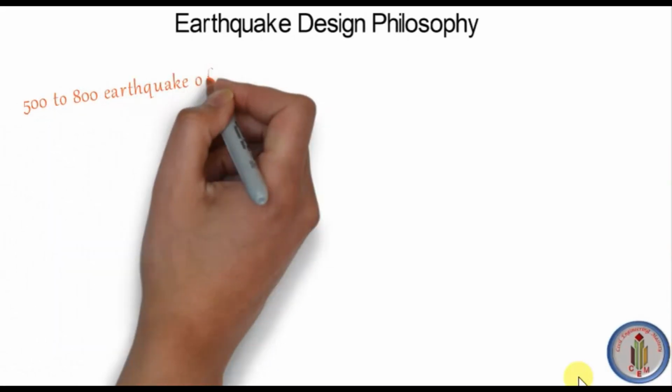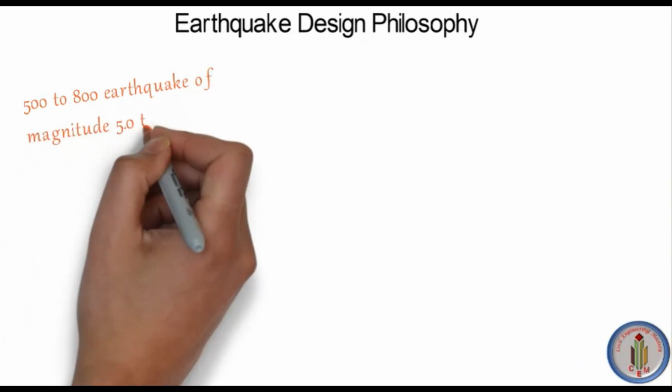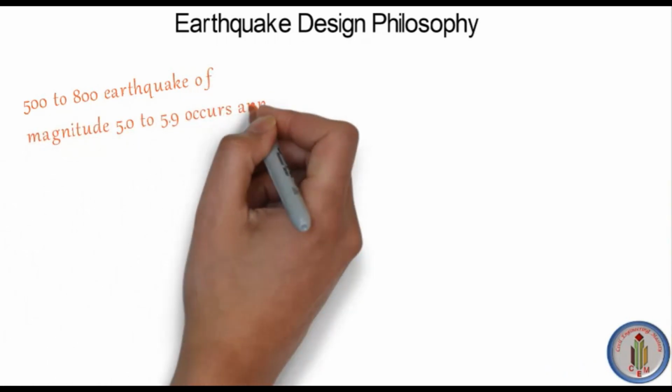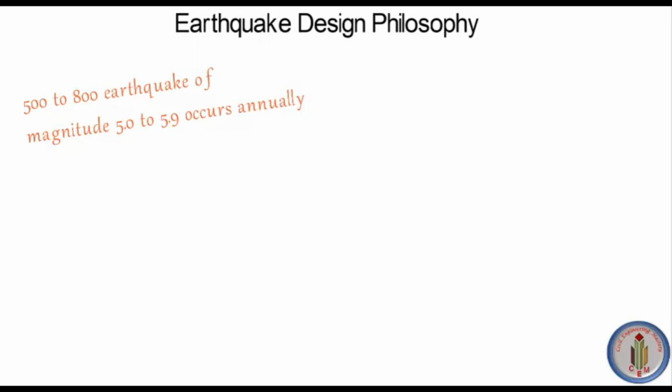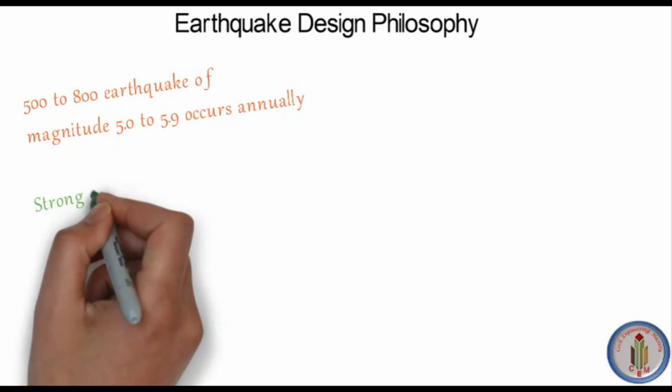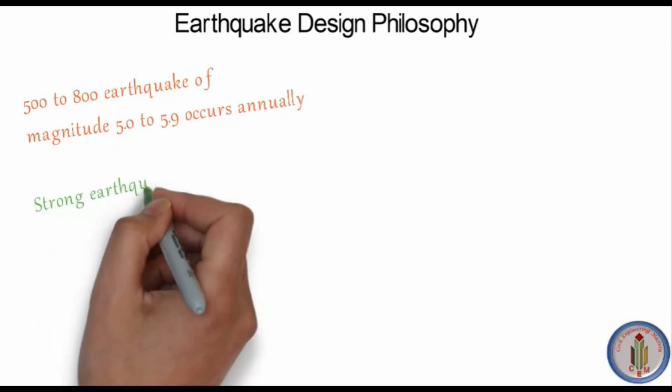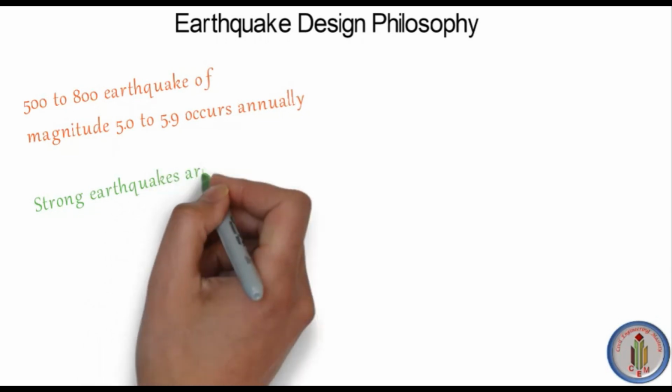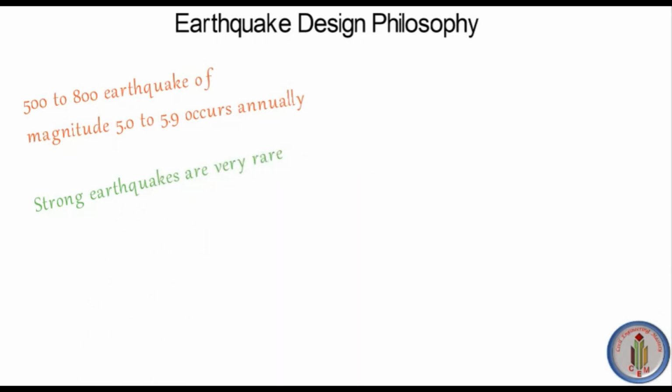An average of 500 to 800 earthquakes of magnitude 5 to 5.9 occurs throughout the year in the world. So as we have seen before, minor earthquakes occur frequently, moderate earthquakes occur occasionally, and strong earthquakes occur very rarely.